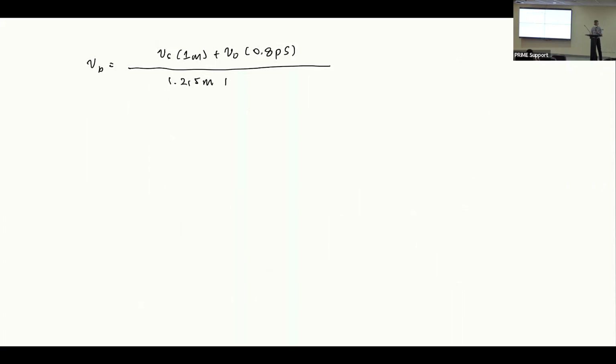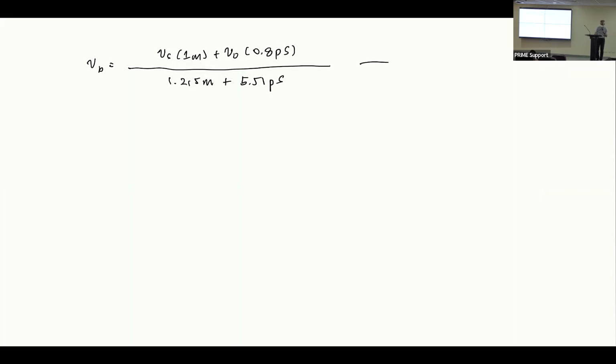Mali yung notes ko. Yeah, 5.51 PS. So this is now my second equation.